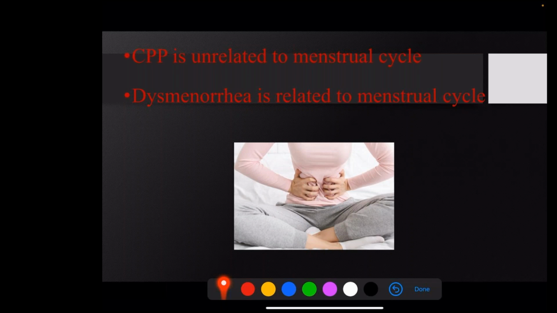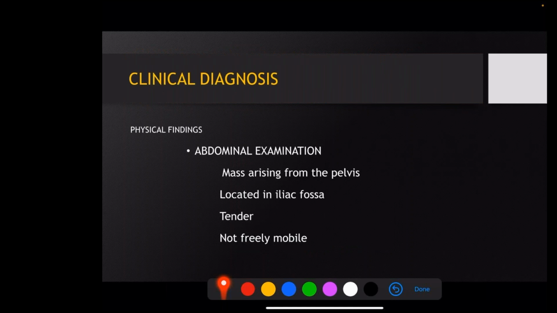Next is the clinical diagnosis. Physical findings. On abdominal examination, you can see a mass arising from the pelvis, located in the iliac fossa. The mass may be tender and not freely mobile.